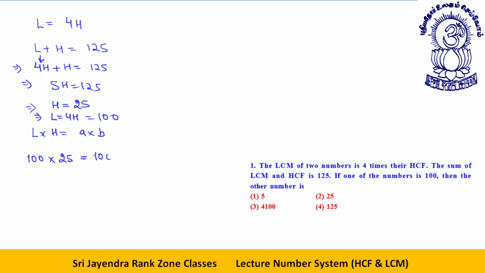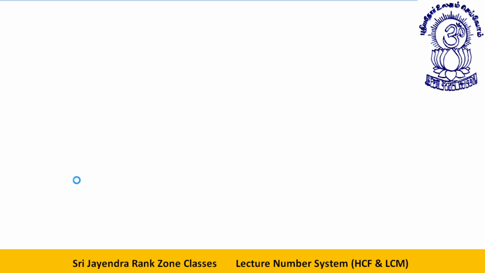If one of the numbers is 100, then the other number is what? See, very easily we can do it. We are given A is equal to 100. Okay, 100 and 100 cancel, the other number automatically comes out to be 25. Quite easily done.